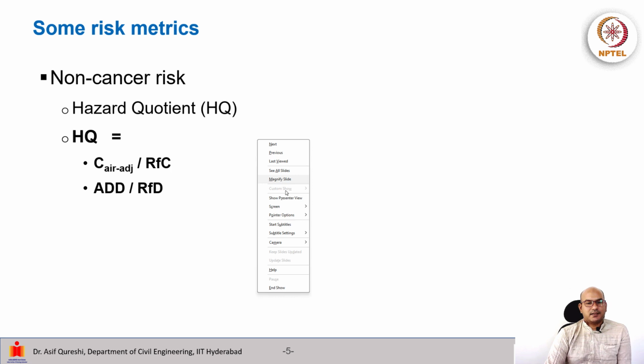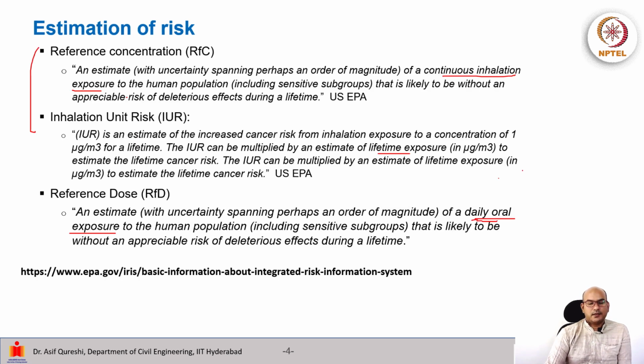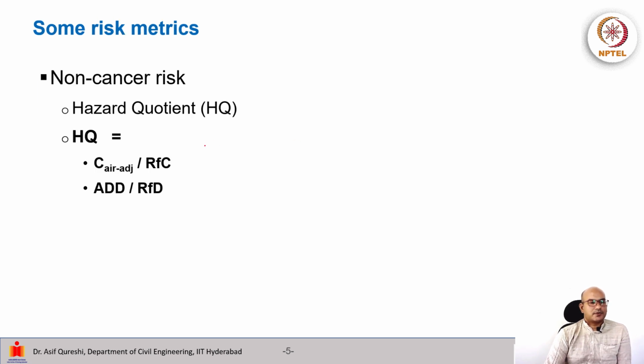So non-cancer risk is generally estimated using reference concentration. So hazard quotient.